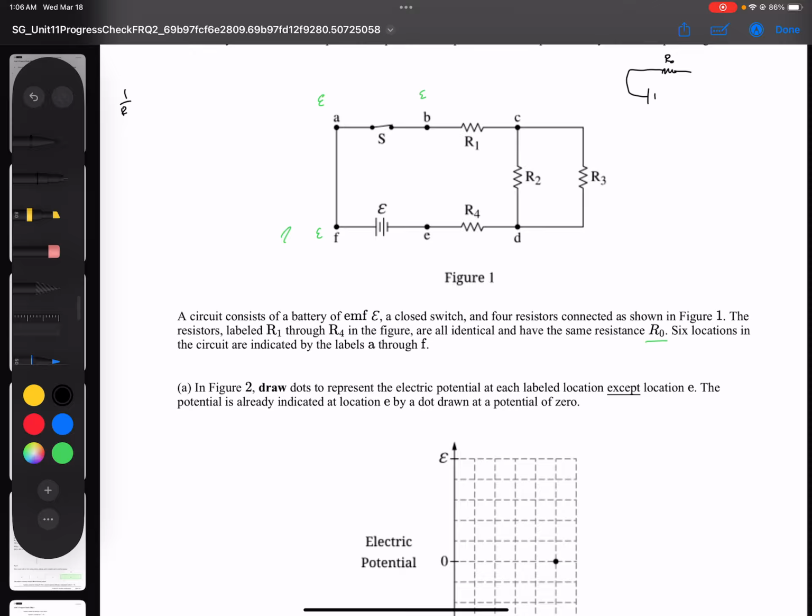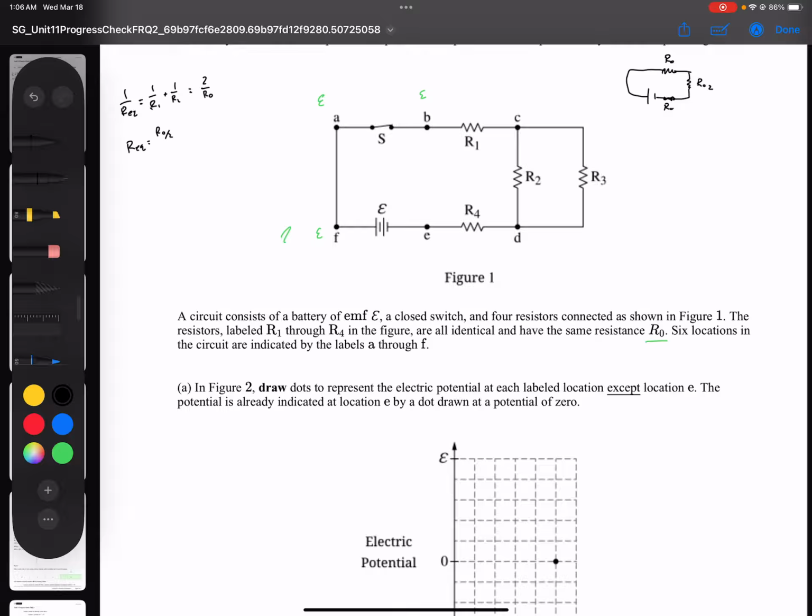Resistors in parallel have an equivalent resistance of 1 over the sum of the reciprocals. Both of these have a value of R naught, so that's 2 over R naught, and then don't forget to flip it at the end. So my equivalent resistance is R naught over 2. So I have a resistor of R naught over 2 here, and this resistor is still R naught.